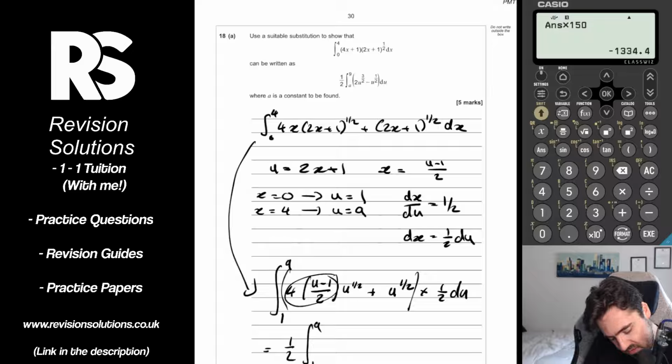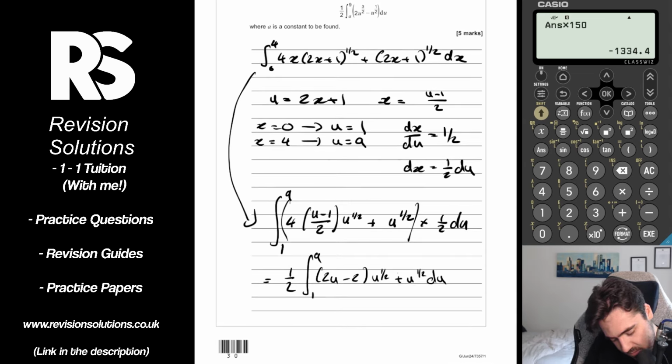Then if we just expand this guy out, that would be 4u over 2, that's 2u. 4 times minus 1, that's minus 4 over 2 is minus 2. U to the half. Oh, sorry, not du. We've still got this u to the half here. That's just on its own though, so plus u to the half du.